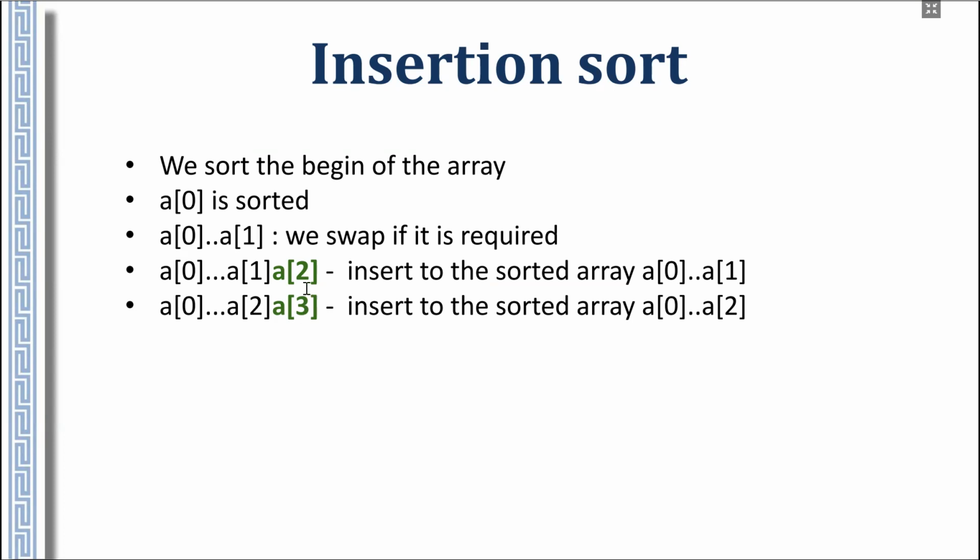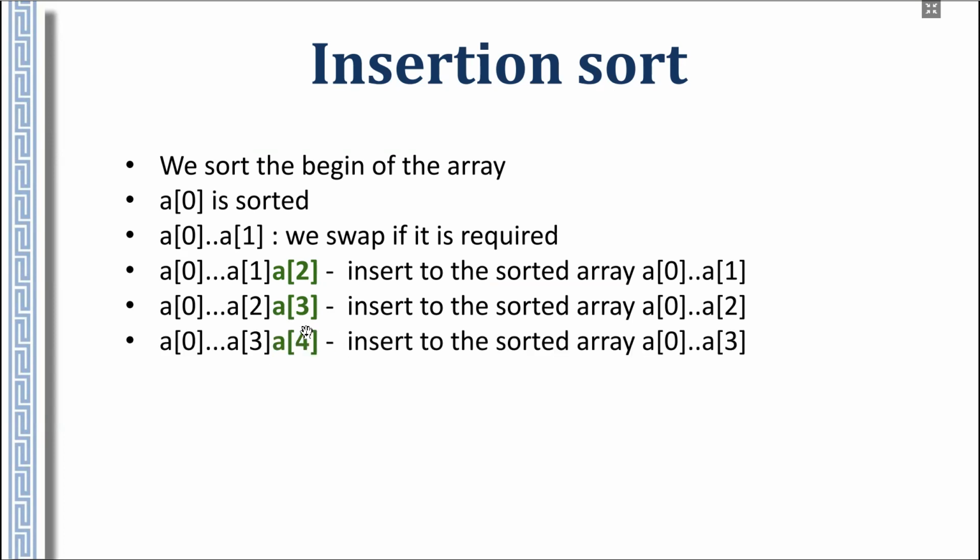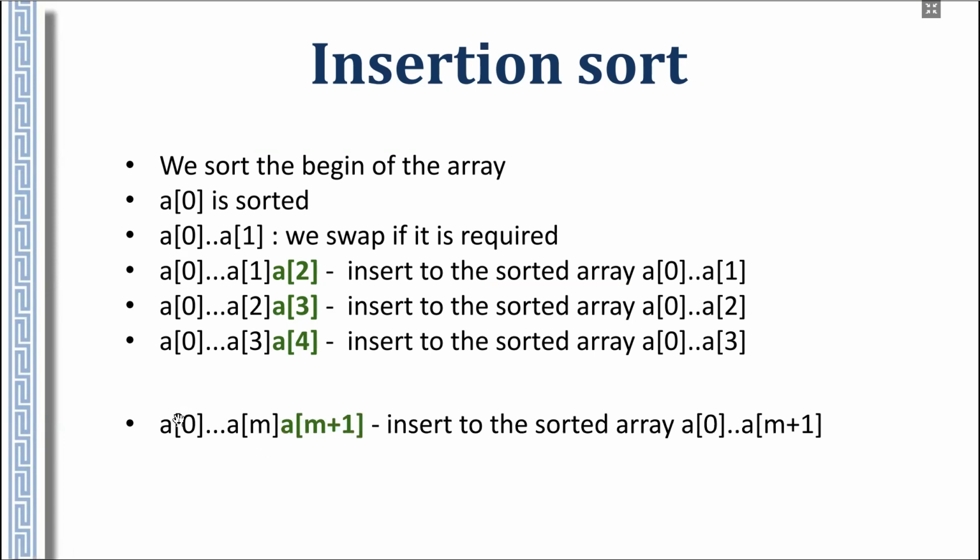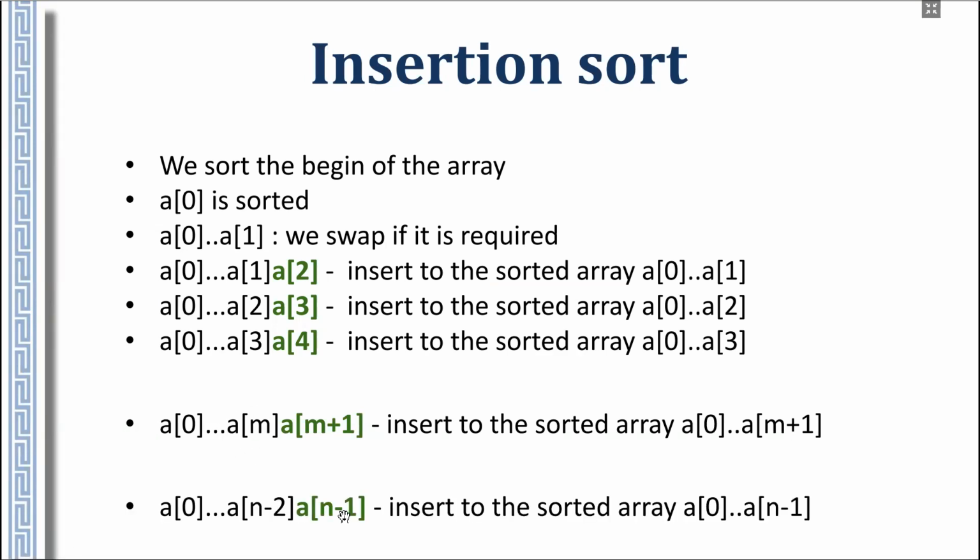Here we go from right to left and want to put a new element in the right place. Here we continue with A4, A3, and so on, until m+1, move it to the correct position, and do it until we come to n-1 and obtain the sorted array from 0 to n-1.